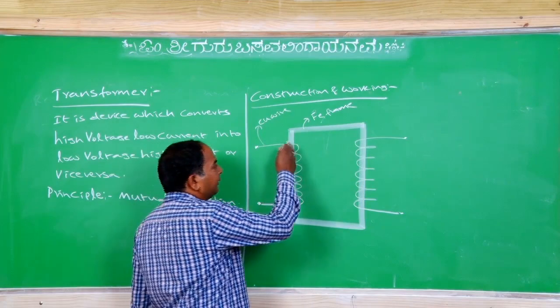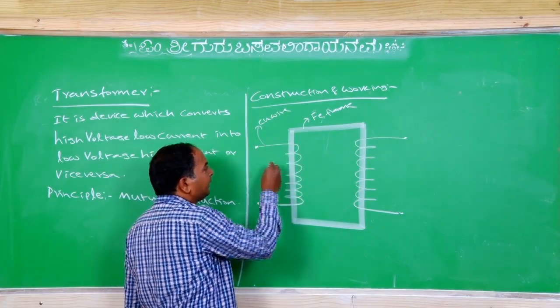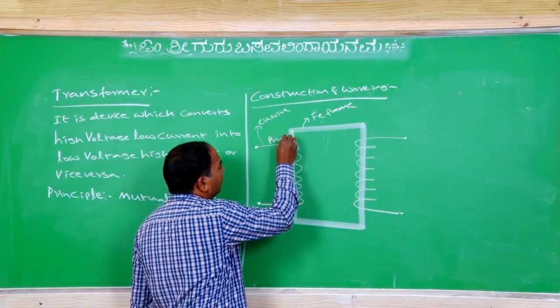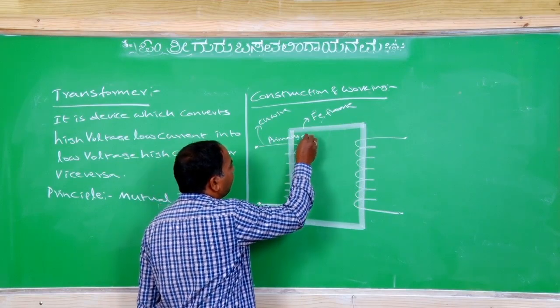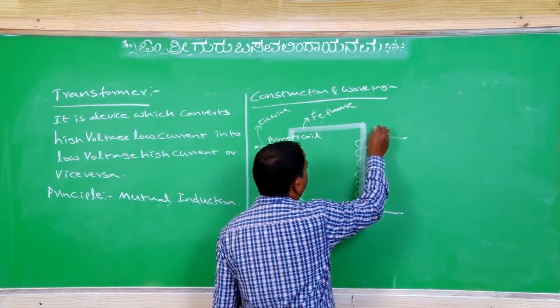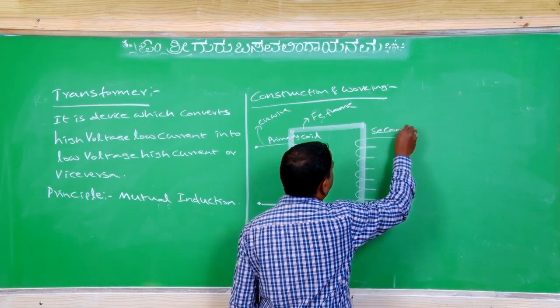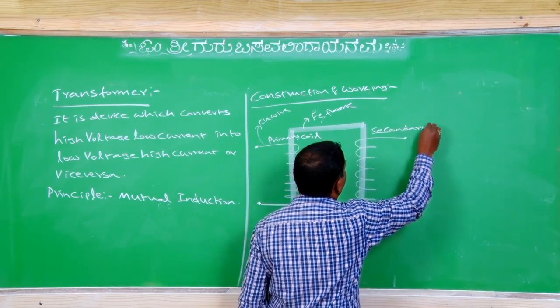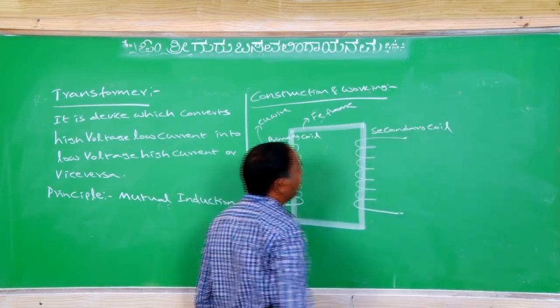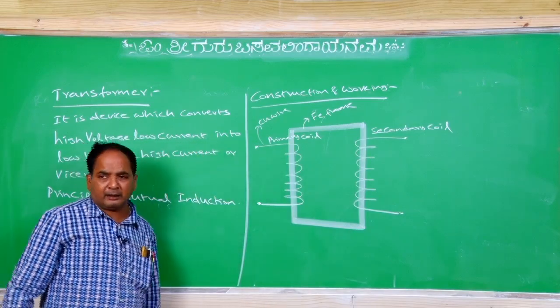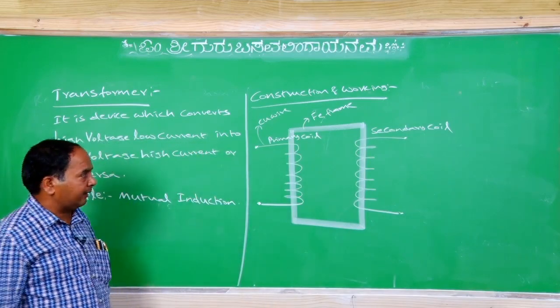I am assuming the first coil is the primary coil, and the second one is the secondary coil.